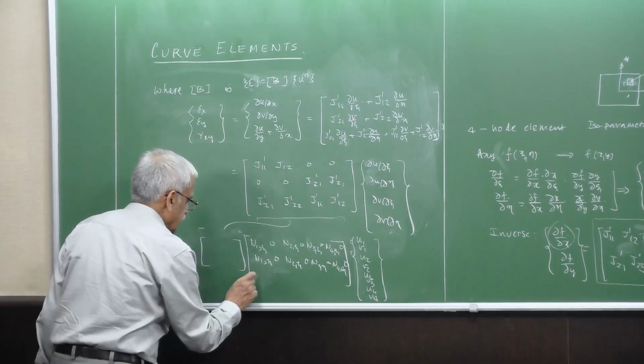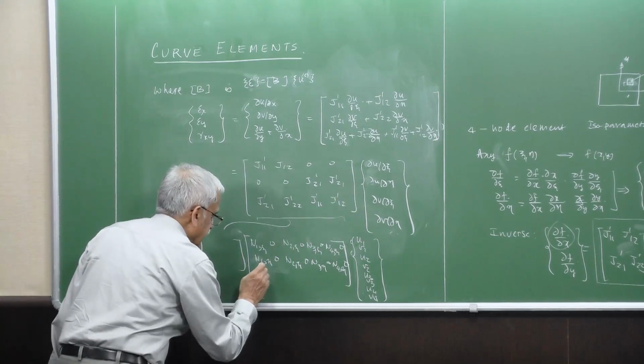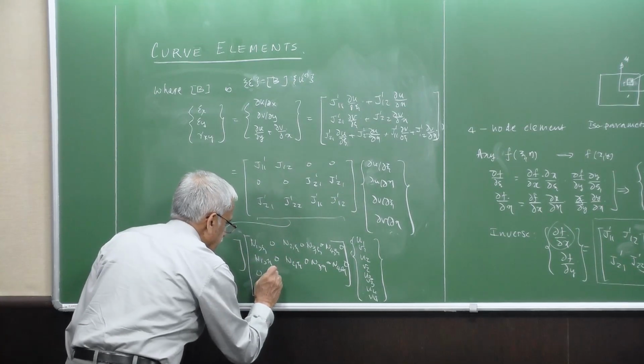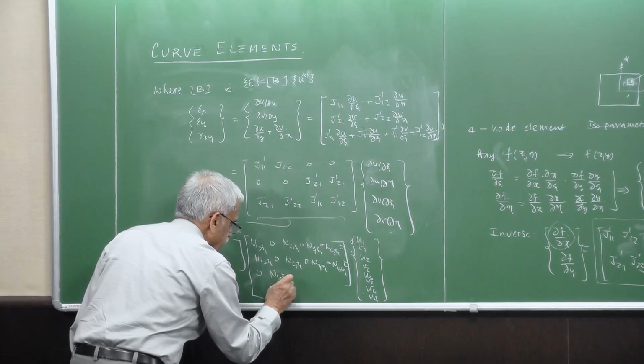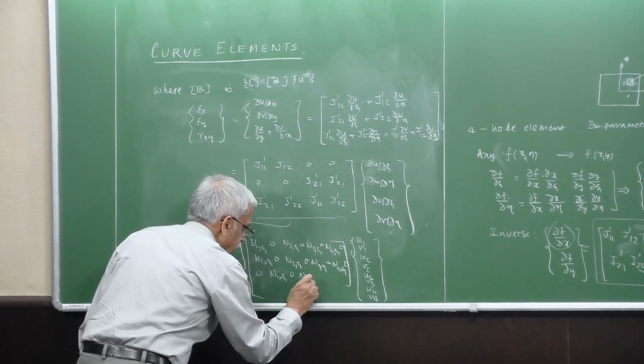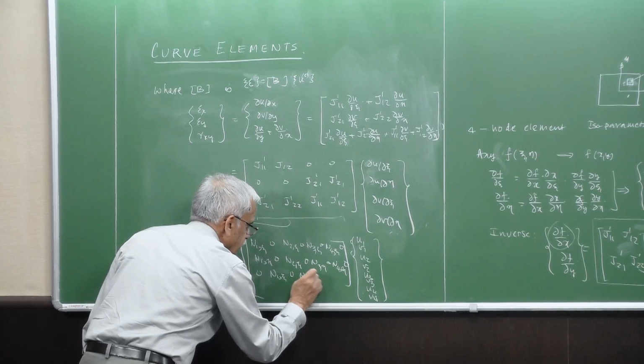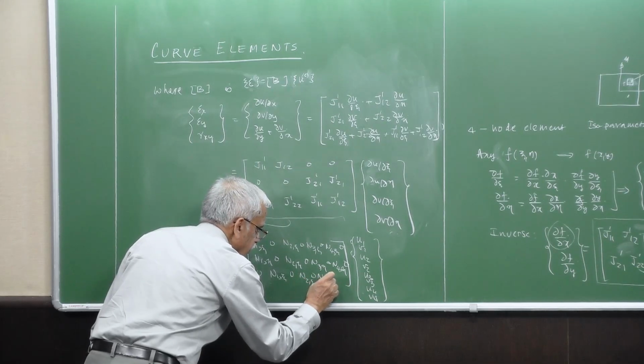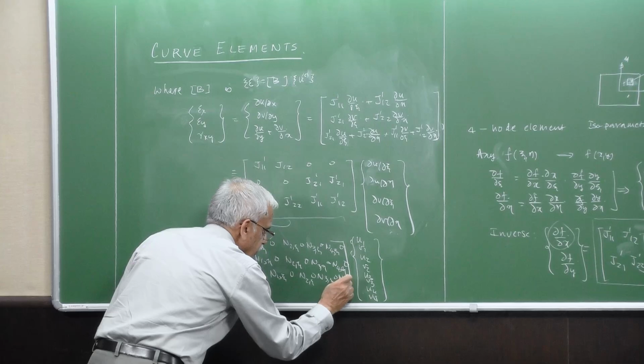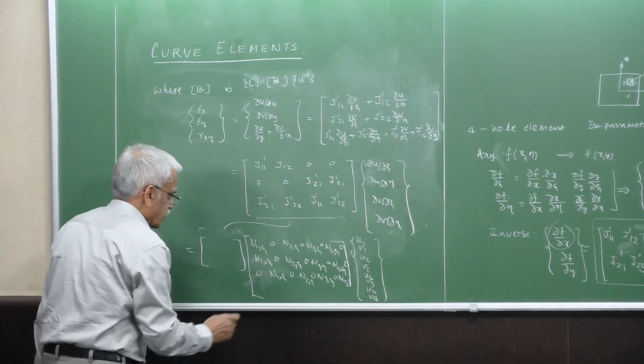And the fourth one, v with xi. The same thing here, but this is N1 with xi. I hope you can see it.